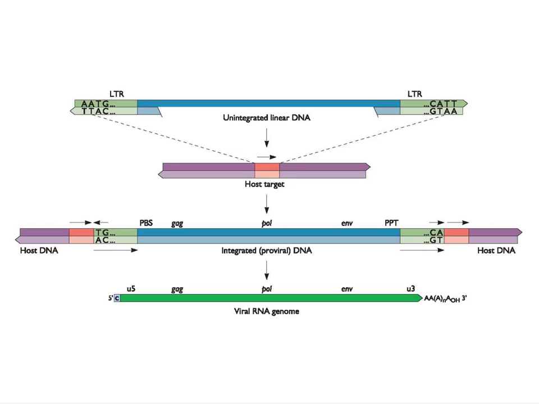The result is proviral DNA, shown here. We have host DNA in purple on either side. And there are two very specific features of this integration that will tell you if there is an integration caused by a retrovirus. First of all, the target sequence is duplicated. So you have this host target sequence in orange. It is duplicated on either side of the proviral DNA.